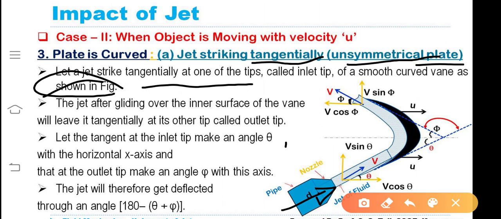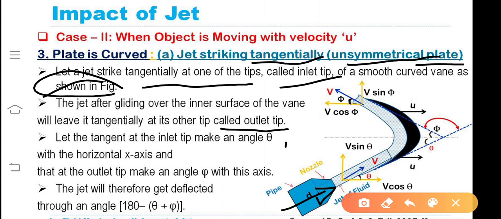That means there will not be any friction or any loss at the entry, or while leaving the vane also. The jet of water gliding over the inner surface of the vane will leave it tangentially at its other tip called the outlet tip, the entry known as the inlet tip.